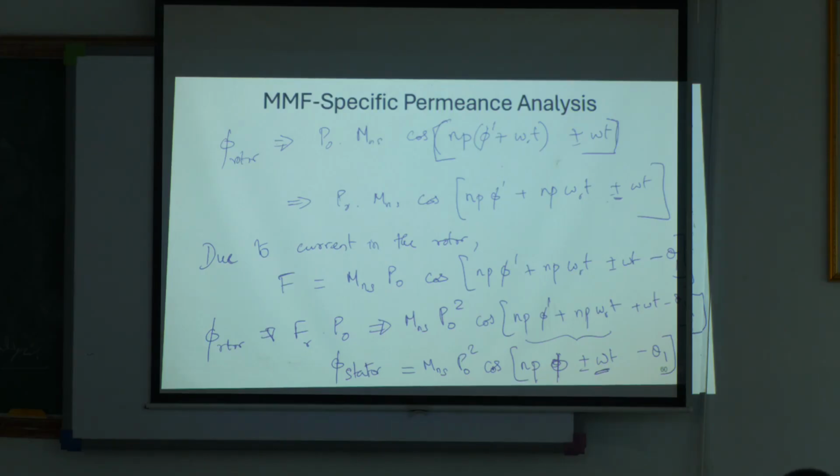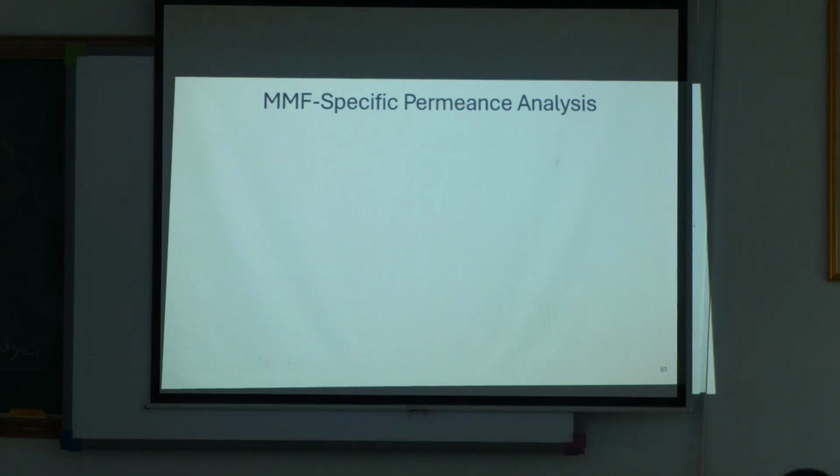Now we have to go for a faulty condition. So our first goal is, let us consider one fault, let's say static eccentric fault. To keep things simple, I will give some numbers rather than generalizing.